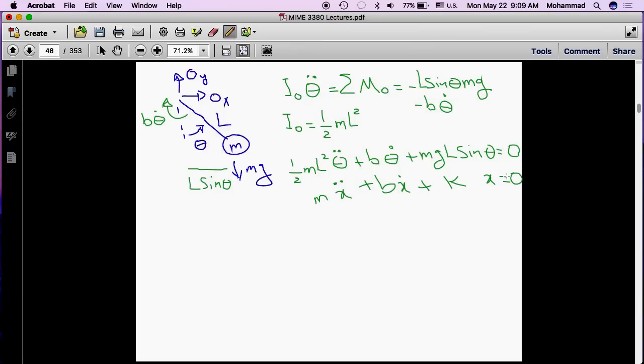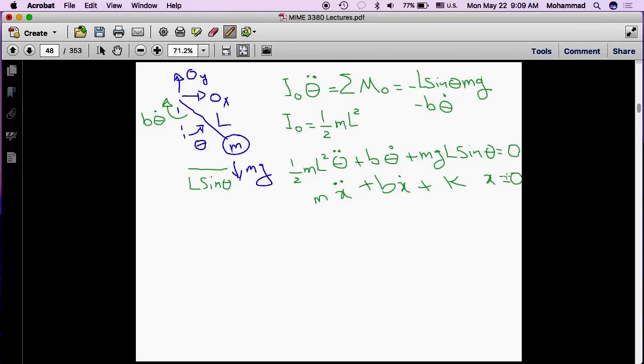What is the fundamental difference between these two equations? The second equation is what we call a time-invariant linear differential equation. What we have at the top is still time-invariant, which means the parameters of the system, such as m, L, g, are not time-dependent.